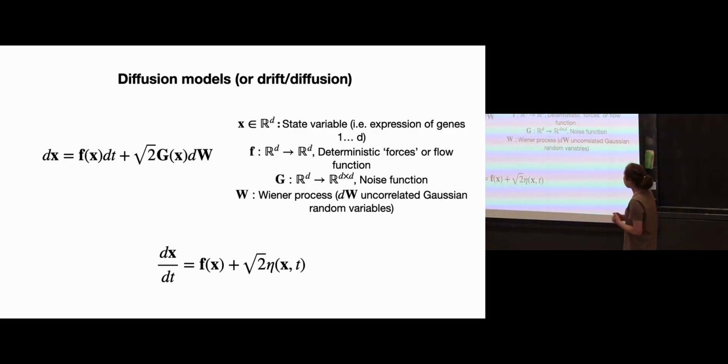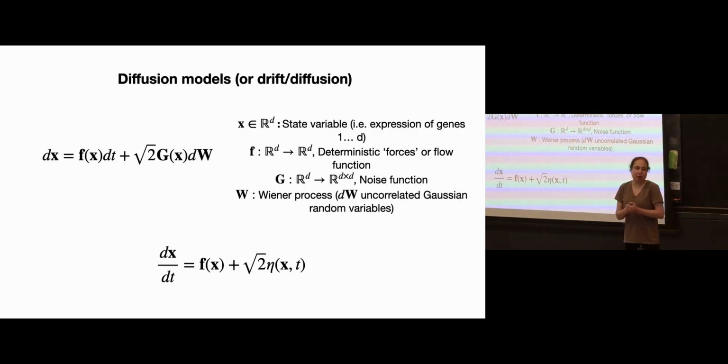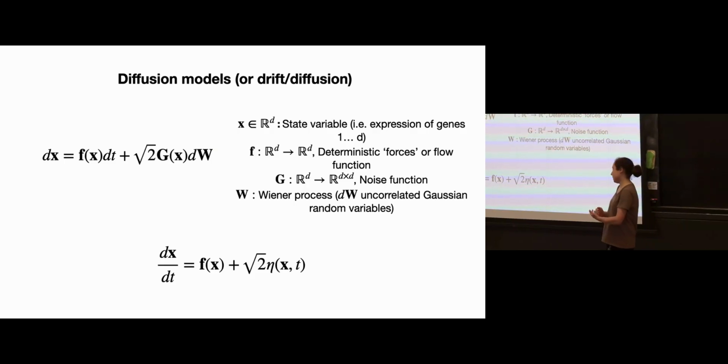The independent variable is x, which is real valued in some number of dimensions. In most of these single-cell examples, this will correspond to gene expression across your D favorite genes, usually scaled in some way. So the state of the cell is characterized by its gene expression at a particular point in time.